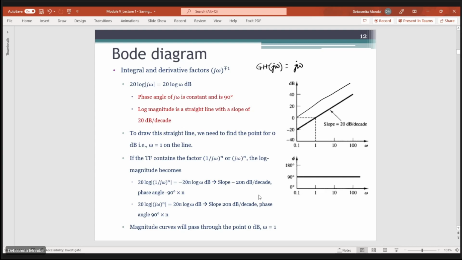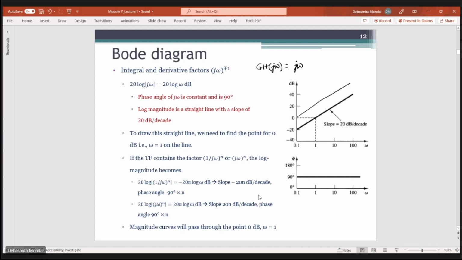For that, you need to find the 0 dB point, which is at the omega equals 1 line. At omega equals 1, this straight line should cross the 0 dB point. The straight line crossing 0 dB at omega equals 1 will correspond to the log magnitude curve for this derivative factor j omega.